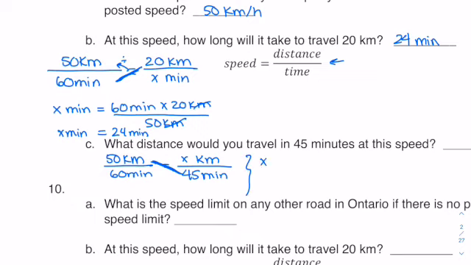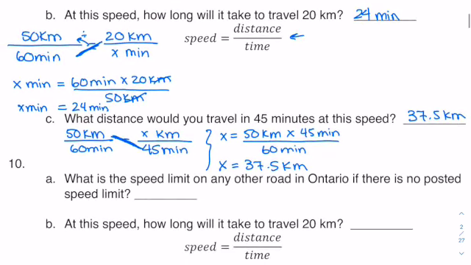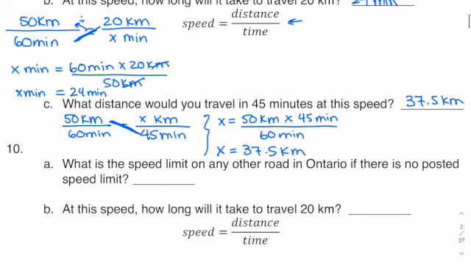So I have no room underneath, so I'll just do X is 50 kilometers times 45 minutes. And then whatever is left gets divided. So this gives us 37.5 kilometers, and that is how much you will be going, what distance you will do.